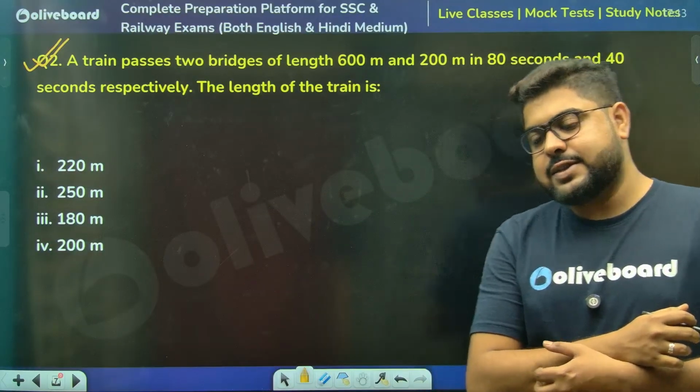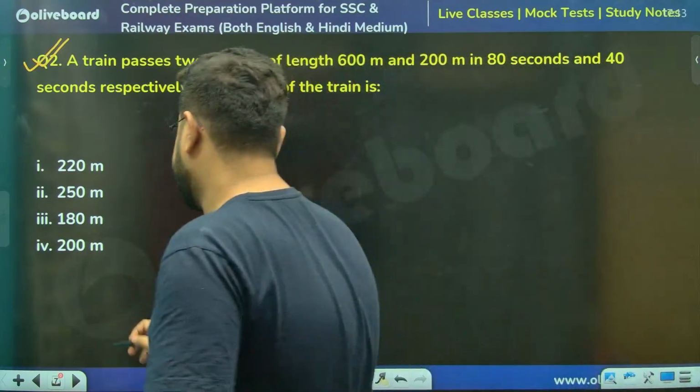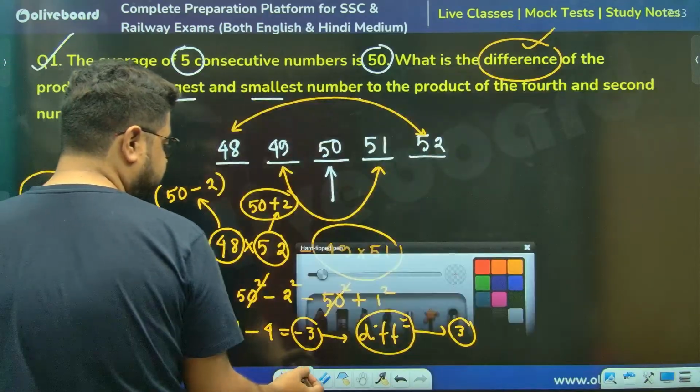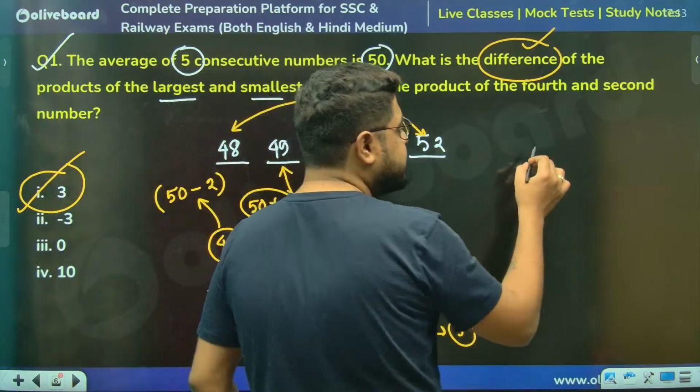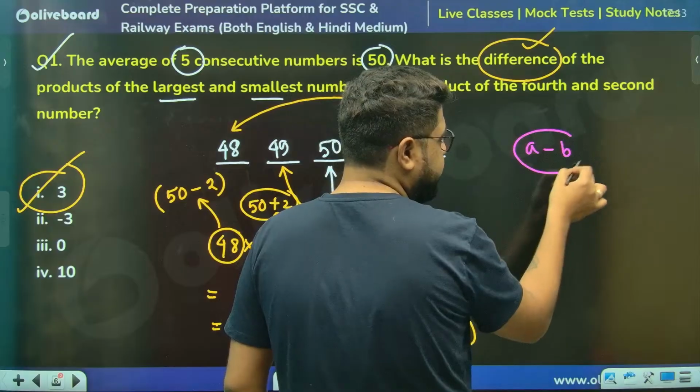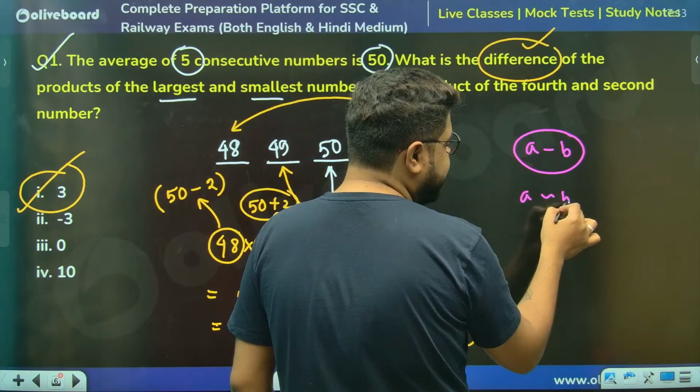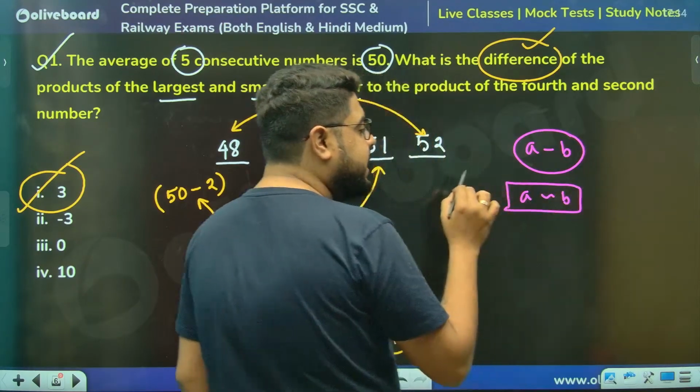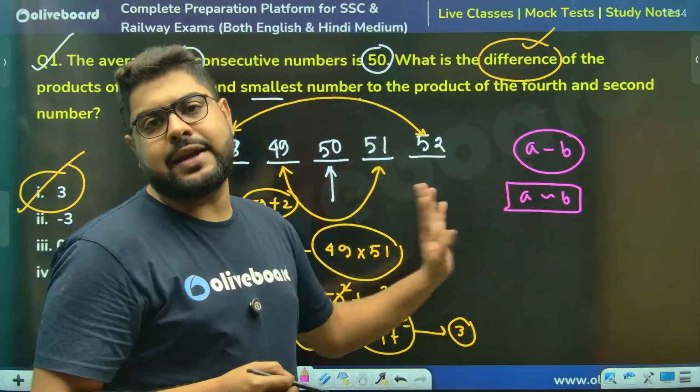But you know, remember the definition of difference. Difference is A minus B, and A difference B is written like this. It means the bigger one always minus the smaller one.